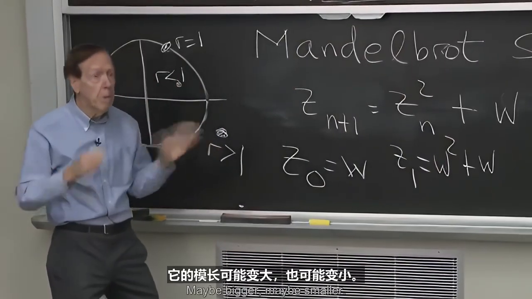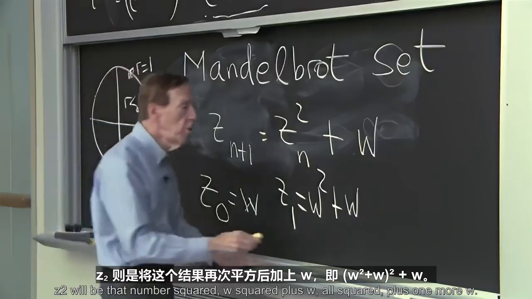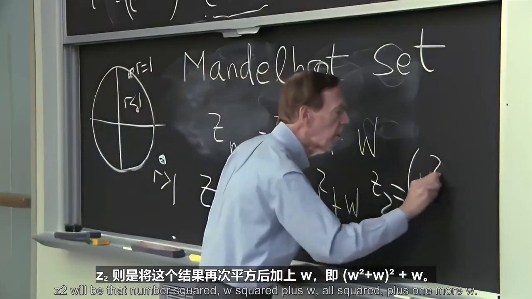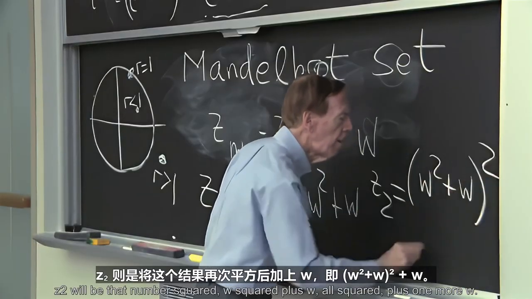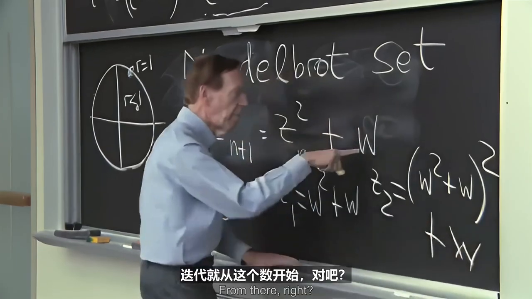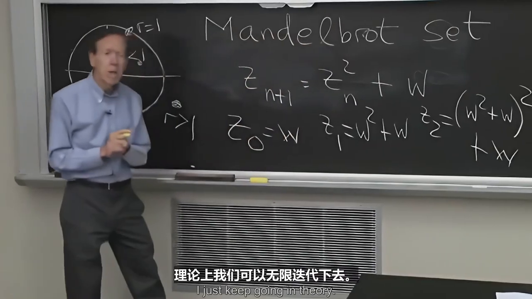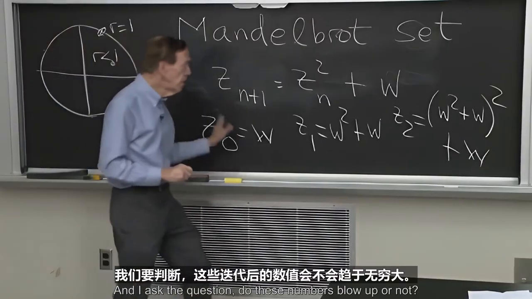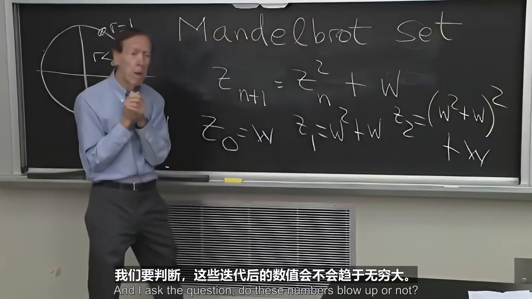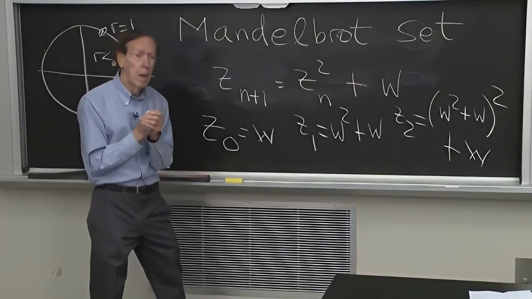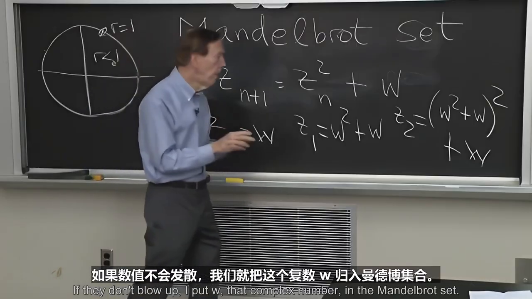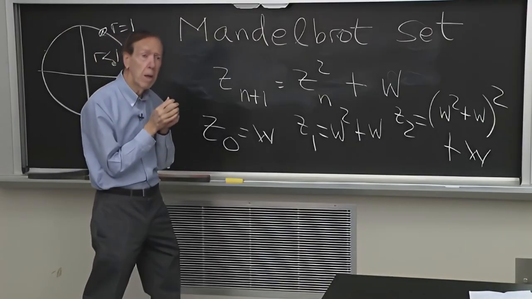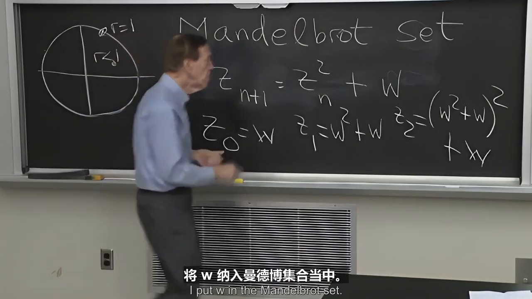That's some other complex number, maybe bigger, maybe smaller. z2 will be that number squared, w squared plus w, all squared, plus one more w from there, right? I just keep going, in theory. And I ask the question, do these numbers blow up or not? If they don't blow up, I put w, that complex number, in the Mandelbrot set.